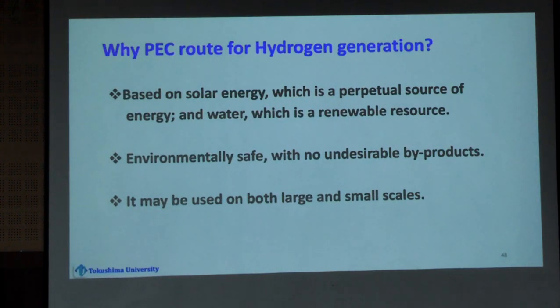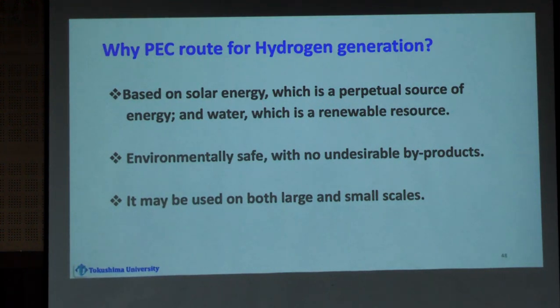But why the photoelectrochemical technique for hydrogen production? Because it is based on solar energy, which is a continuous source of energy, and water is also a renewable resource. Like the sun, we have also water. So water is available in large quantity.